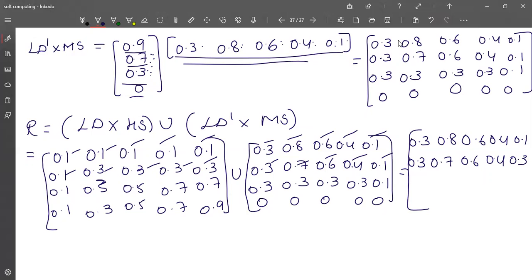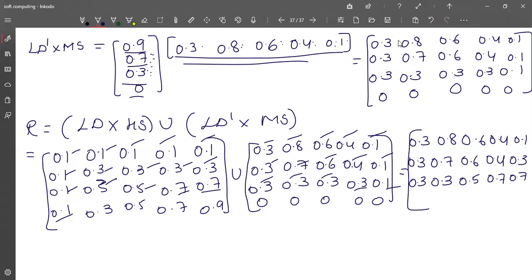And now in the next row, 0.1 and 0.3, 0.3 is maximum; 0.3 and 0.3, 0.3; 0.3 and 0.5, 0.5; 0.3 and 0.7, 0.7; 0.1 and 0.7, 0.7.